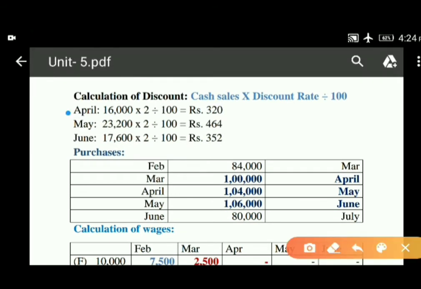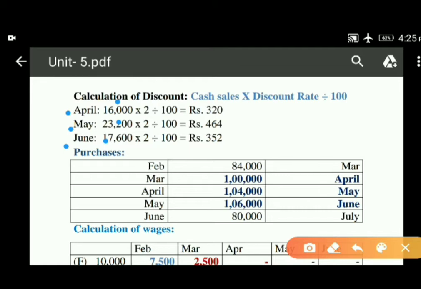In April, May, June, we are taking only consideration of these 3 months, as the budget should be prepared for quarterly, that is these 3 months only. So as per our previous calculation, the cash sales for the month of April is 16,000, for the month of May 23,200, for the month of June 17,600.